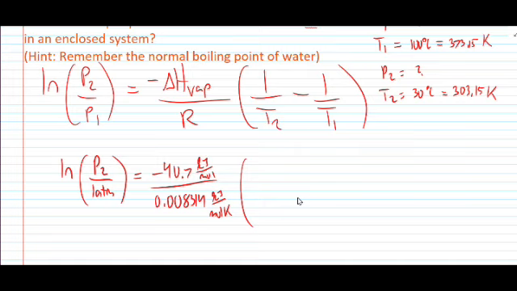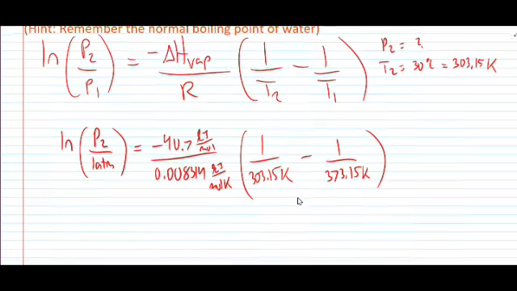And now we can multiply by our expression, 1 over T2. T2 is 30 degrees, so we want to make that our Kelvin temperature. The temperature for the vapor pressure we're solving for, T2 and P2 match, minus 1 over T1, which we said was the normal boiling point of water.